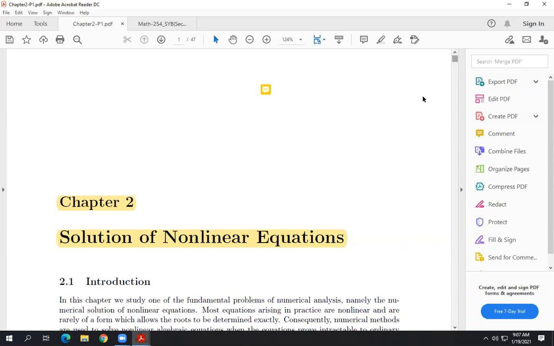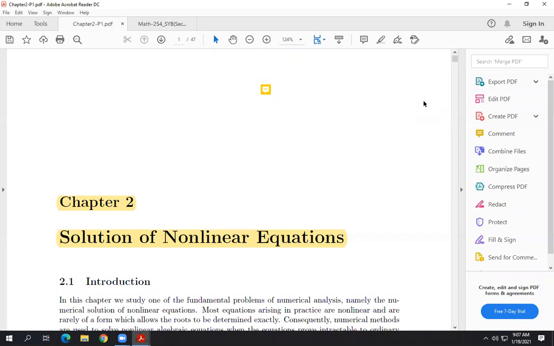Now come to chapter number 2, one of the best chapters of 254, one of the good chapters. When I say the best chapter, remember that best means not very simple. Yes, you have to work hard for this one. I will not call it difficult, but it needs slightly more attention and more hard work.